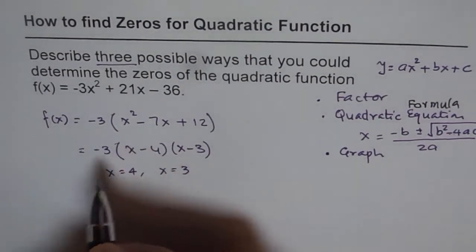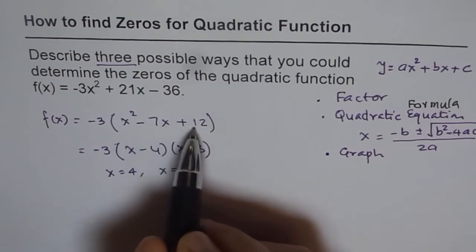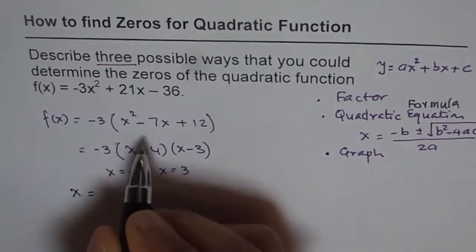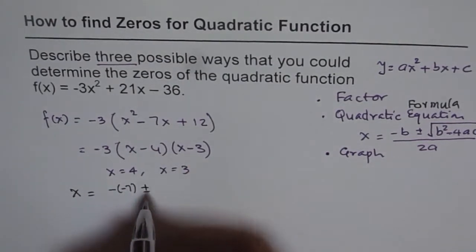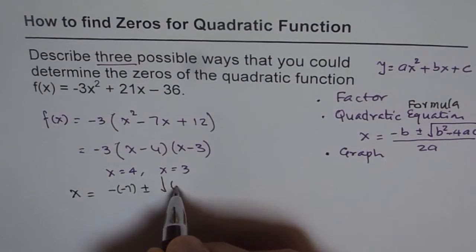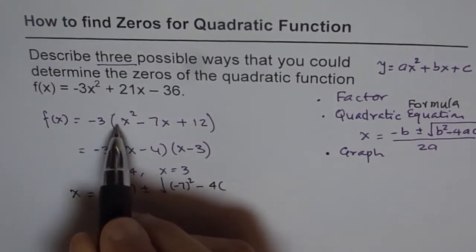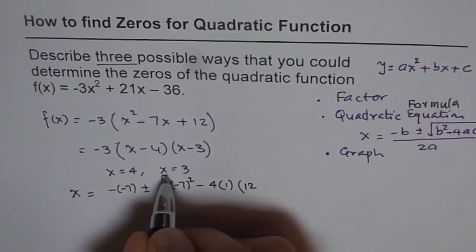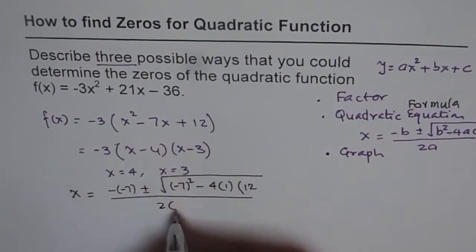I'm looking for a solution where x squared minus 7x plus 12 is equal to 0. So x is equal to minus b, that means minus of minus 7, plus or minus the square root of minus 7 squared minus 4 times a, which is 1 for me, and c is 12, all within the square root, divided by 2 times a, which is 1.